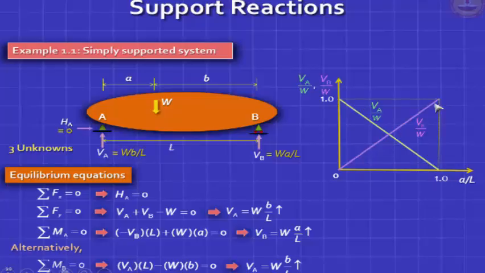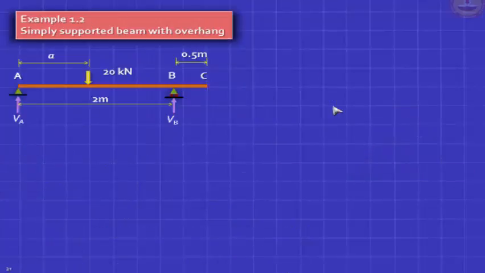If you shift to this side, VA will be 0 and VB will be W. So this is a fraction of the load, very easy to answer. If you put the load exactly in the middle, half-half. Got it? Very easy. Now let's make it a little complicated.